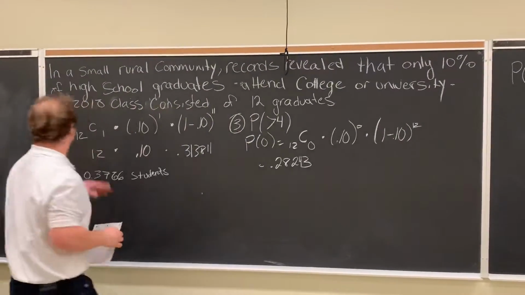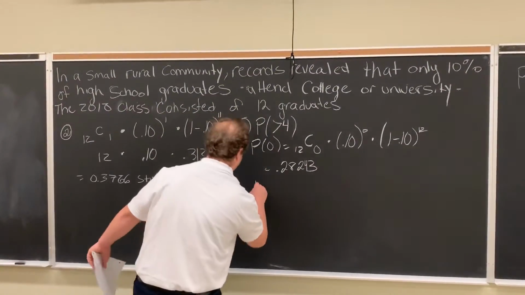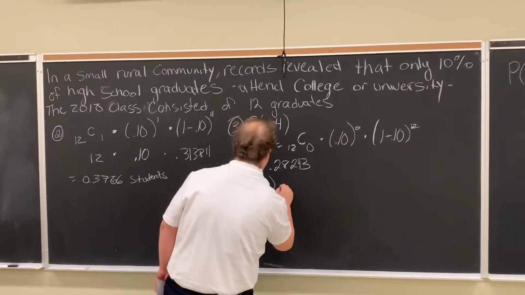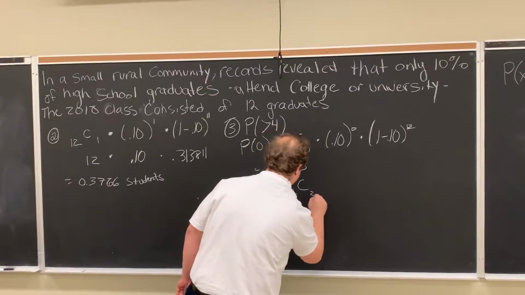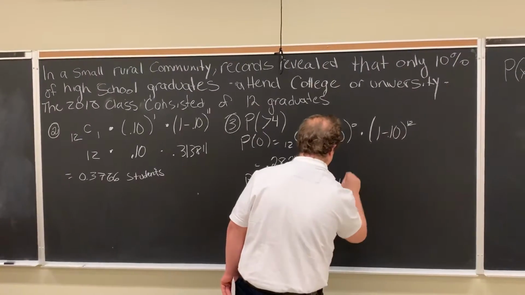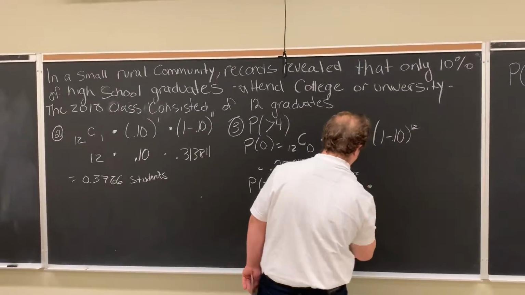We already have the percentage of 1, so we don't have to do that formula again. So then the percentage of 2 students, we follow the same formula. So it's 12 C 2 this time. Probability is 10% still, because it can't change. Now it's 2. We multiply that.